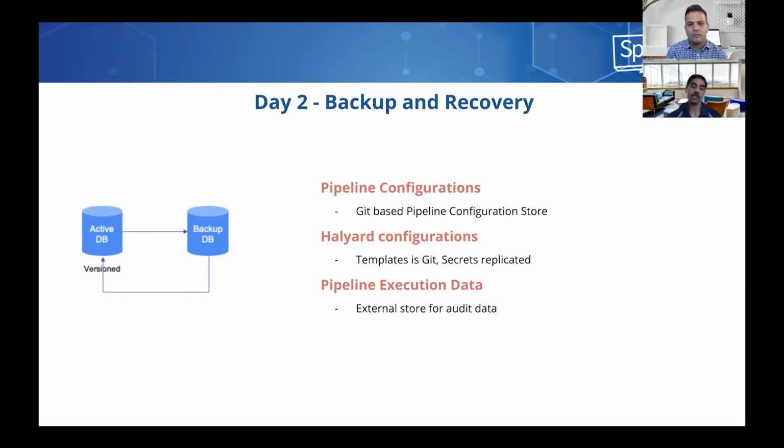We can bring up a second instance of Spinnaker. Because you have these configurations on Git, you can bring up a second instance of Spinnaker in a different region very quickly. Usually you can bring up a new instance from scratch in less than half an hour, with all the configurations that are running in the primary system.